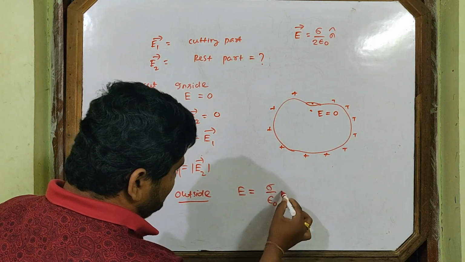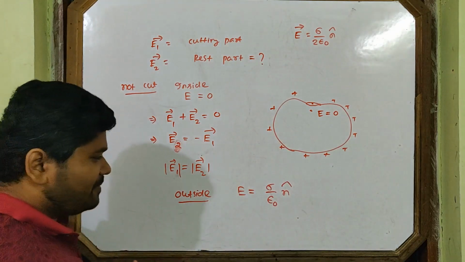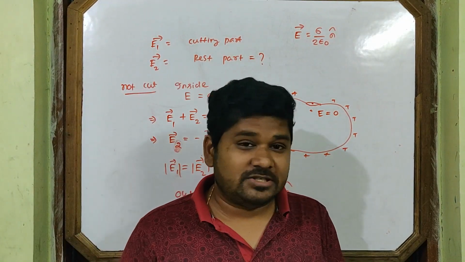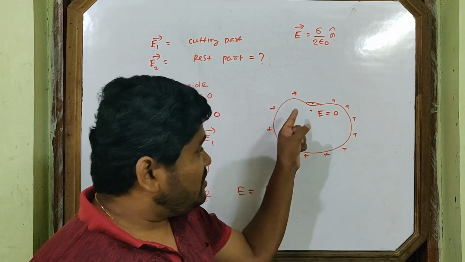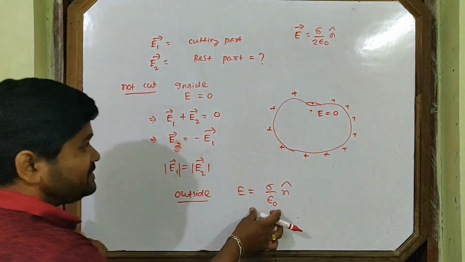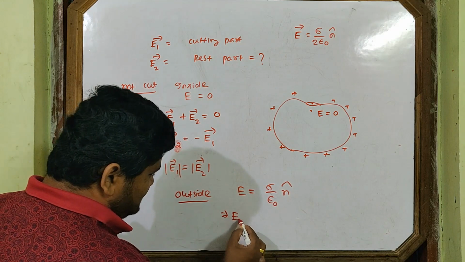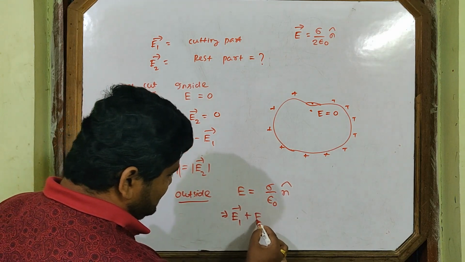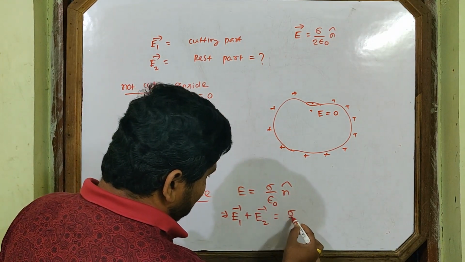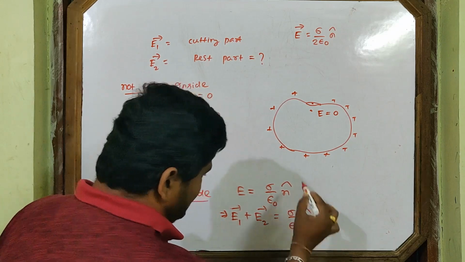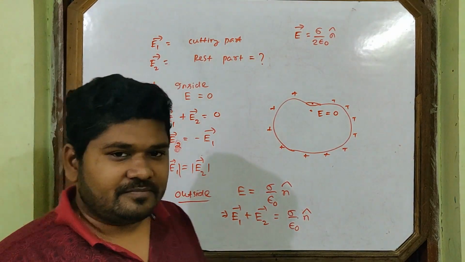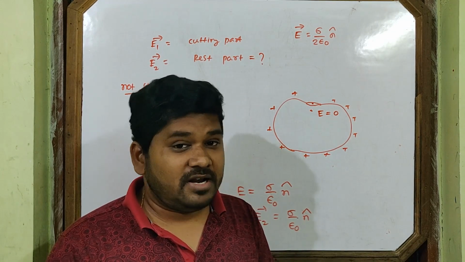Sigma by epsilon naught n cap. This is the expression I proved just before, for the whole conductor. But this is a combination of E1 vector and E2 vector, sigma by epsilon naught n cap.